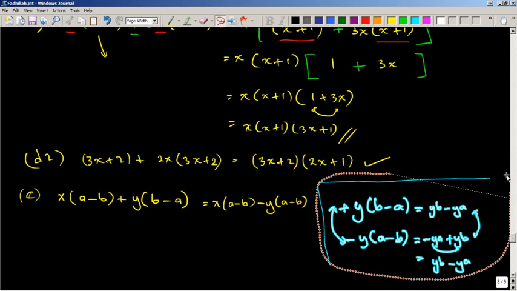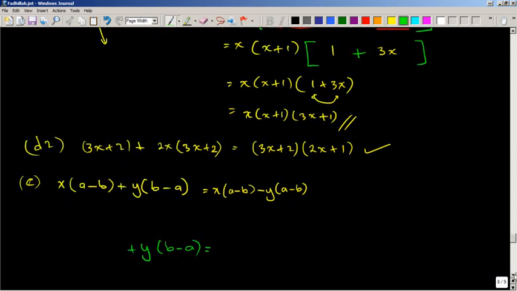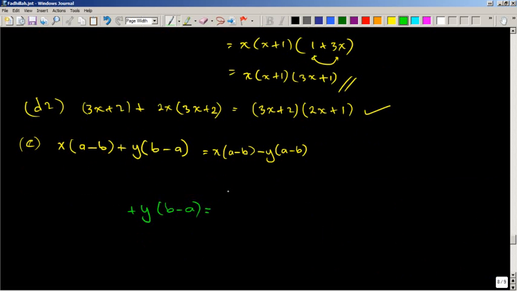Delete this. Let's do again. Y plus Y, B minus A. This is the same as Y. Actually the plus you don't need to write, because if there is no sign, that means it's plus.